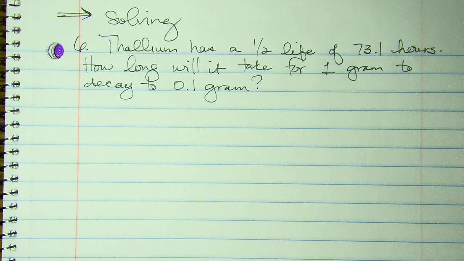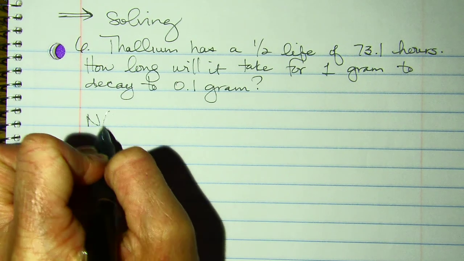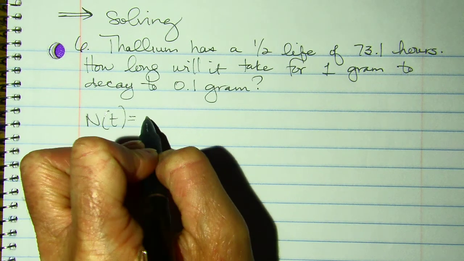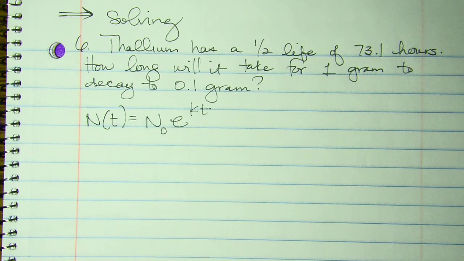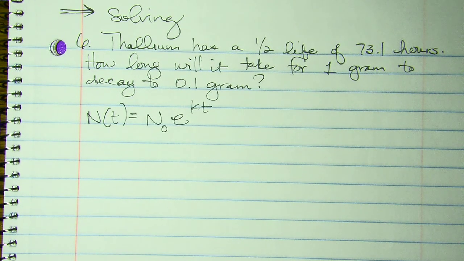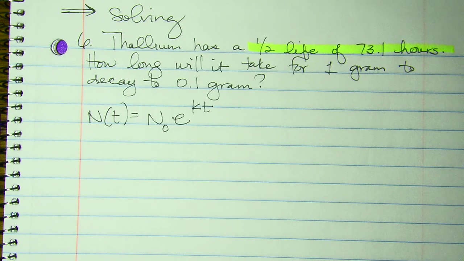So the following formula is what we're going to use. It's on page 576, and it looks like this: N at t equals the initial value times e to the kt. We're going to start with the half-life of 73.1 hours.